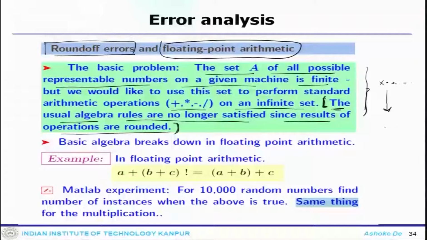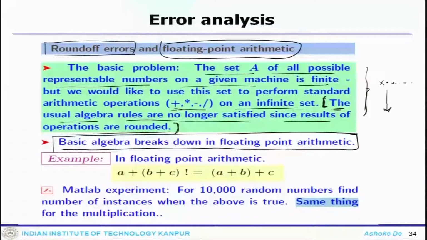The backbone of that is the set of arithmetic operations that we are carrying out, where the usual algebra rules are not followed, which is why the rounding off happens. That tells us that basic algebra breaks down in floating point arithmetic.